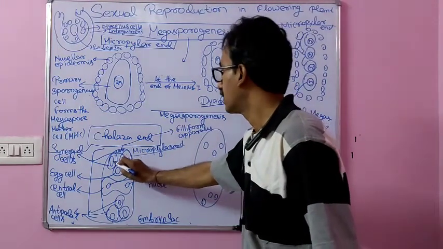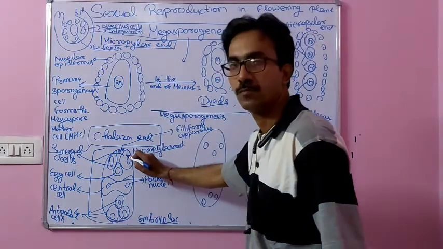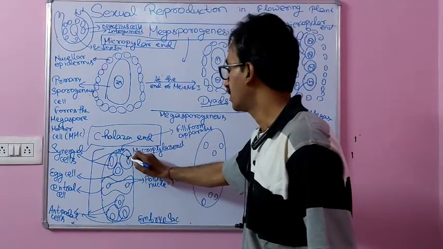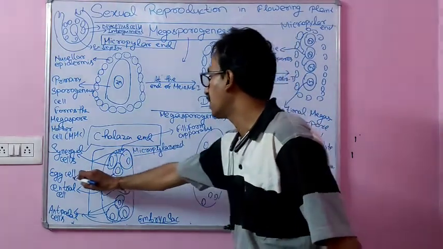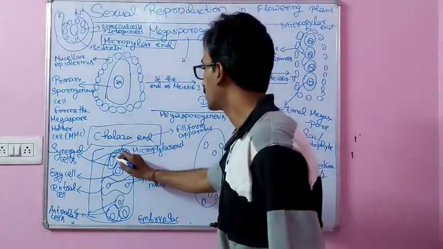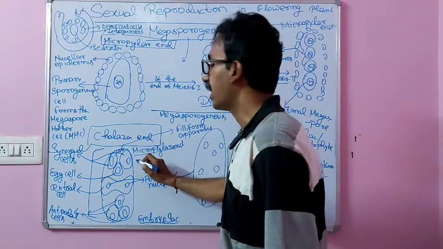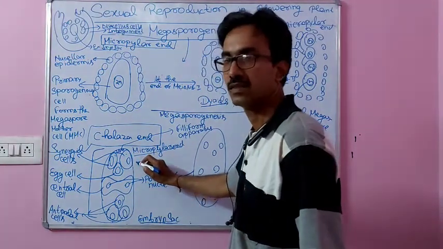Besides this, the two synergid cells do not have any other function. In between the two synergid cells at the bottom there is an egg cell, which is a functional one. The two synergid cells along with the egg cell together constitute the egg apparatus.